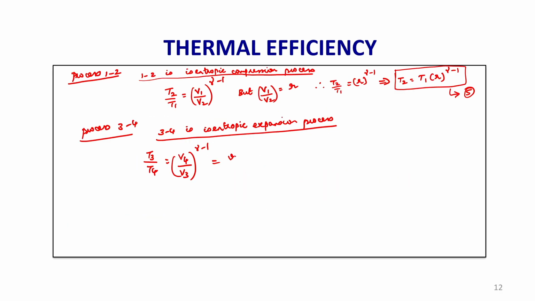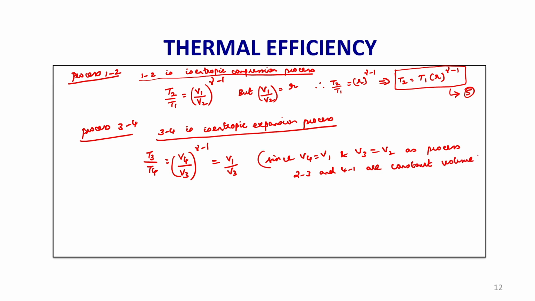V4 is V1 and V3 is equal to V2, since processes 2 to 3 and 4 to 1 are constant volume processes. So, that is the reason.